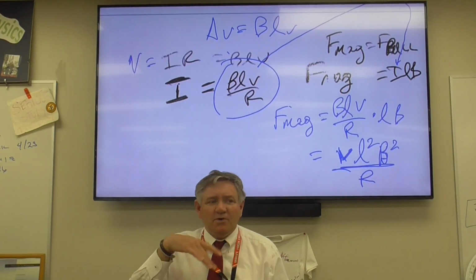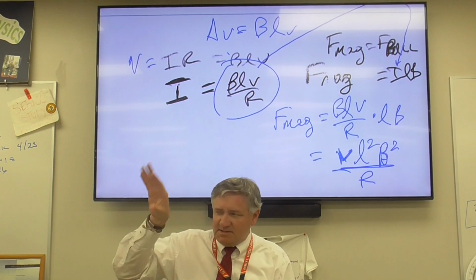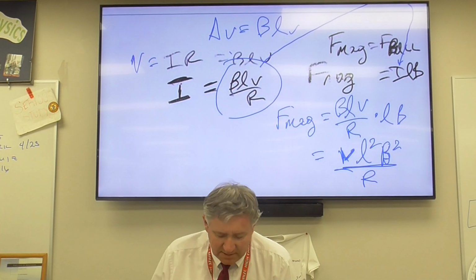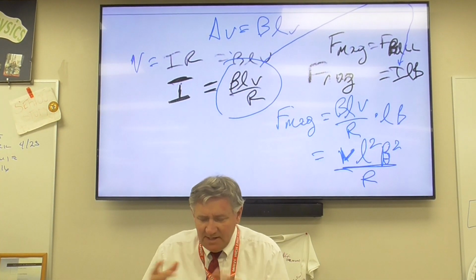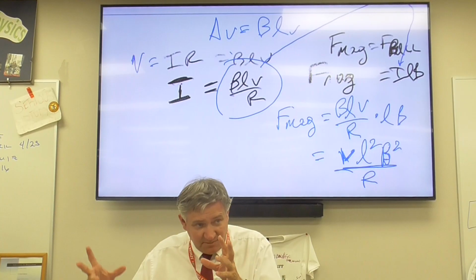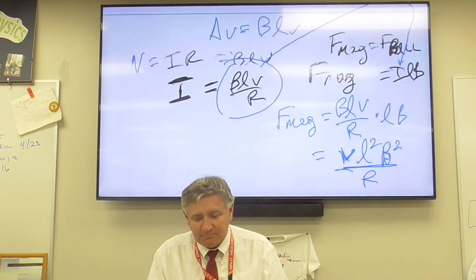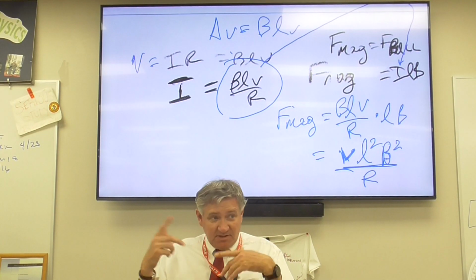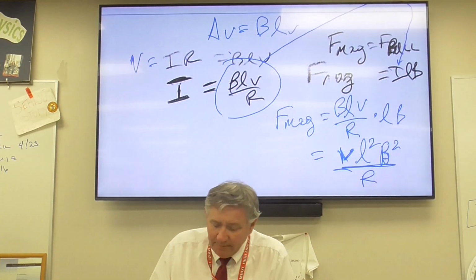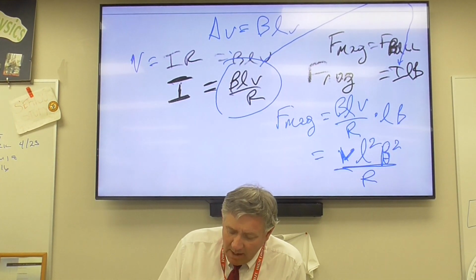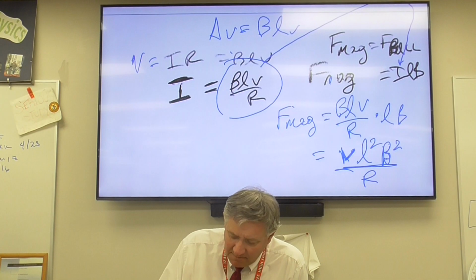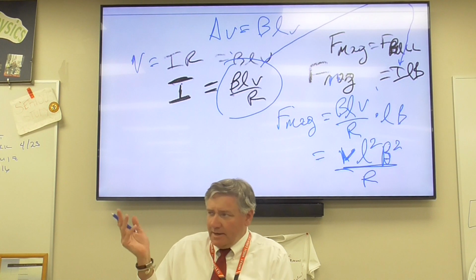I need to. So if you do a little bit of hocus pocus, this is why I said this is easier if I just get it all written out at once. So anytime you have the force from the pull and the force from the magnet going in opposite directions, you can set them equal to each other. So all I did was I said, okay, the force from the magnet is going to equal ILB.